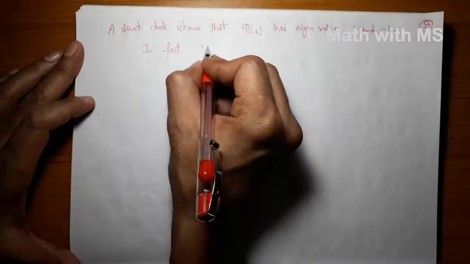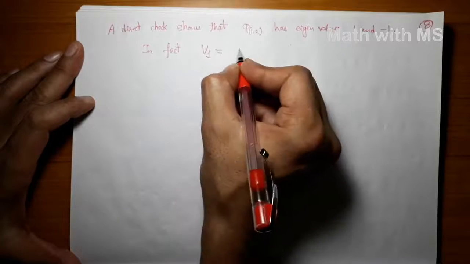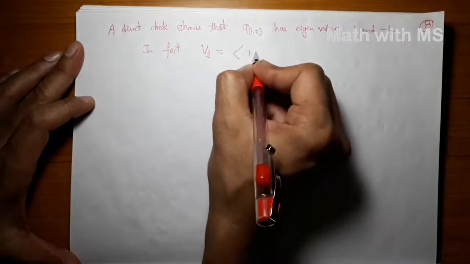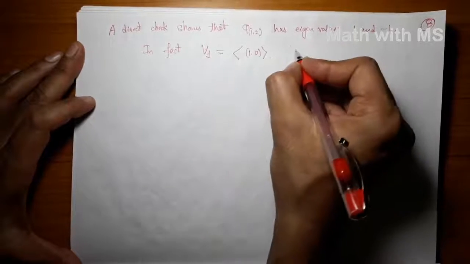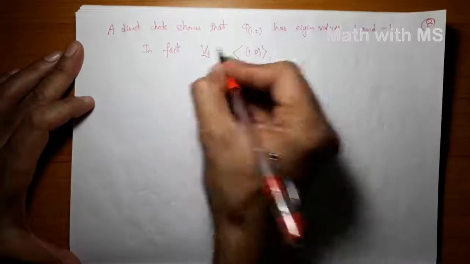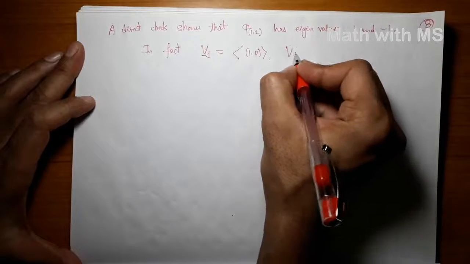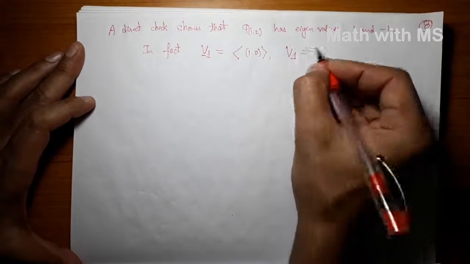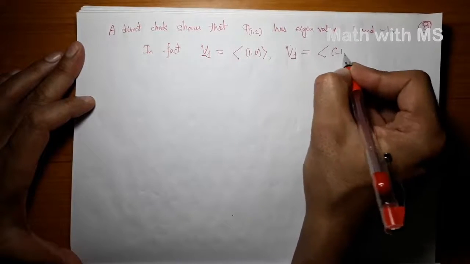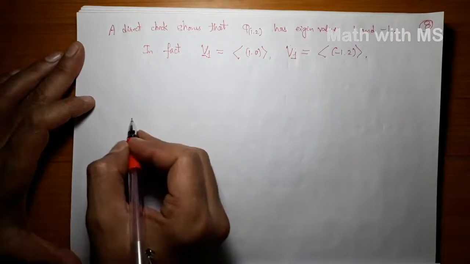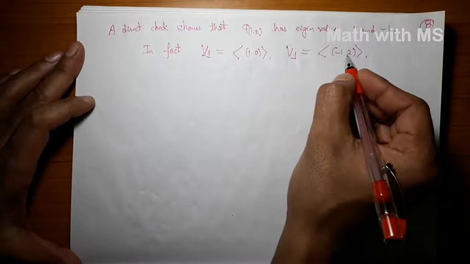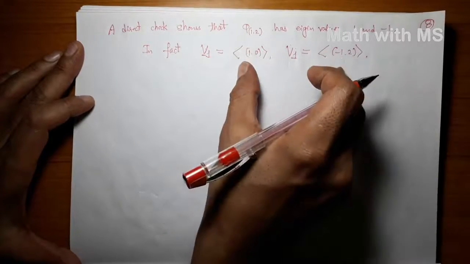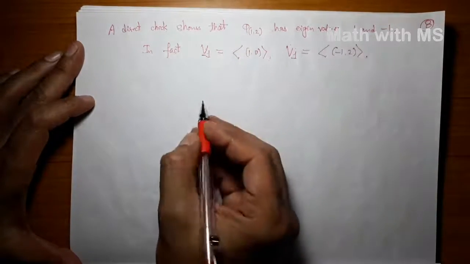So let us denote by V1 the subspace spanned by E1, that is (1, 0), and this is V minus 1, the eigenspace corresponding to -1, the subspace spanned by (-1, 2). Okay, so (1, 0) and (-1, 2) are eigenvectors corresponding to 1 and -1 respectively.